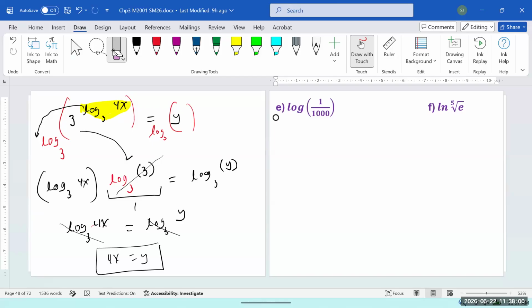Okay, besides Marco, who'd like to volunteer for the first one? Joanna. Negative 3. 1/1000 is the same as 1/10 cubed, and this is the same as 10 to the -3 power. Great. And then what happens?